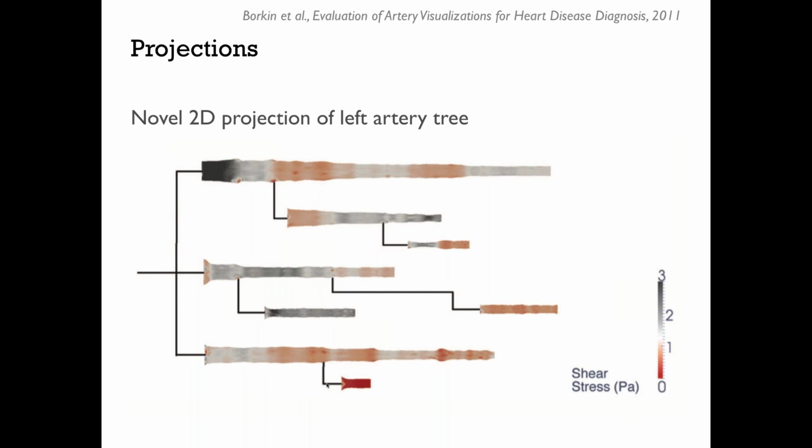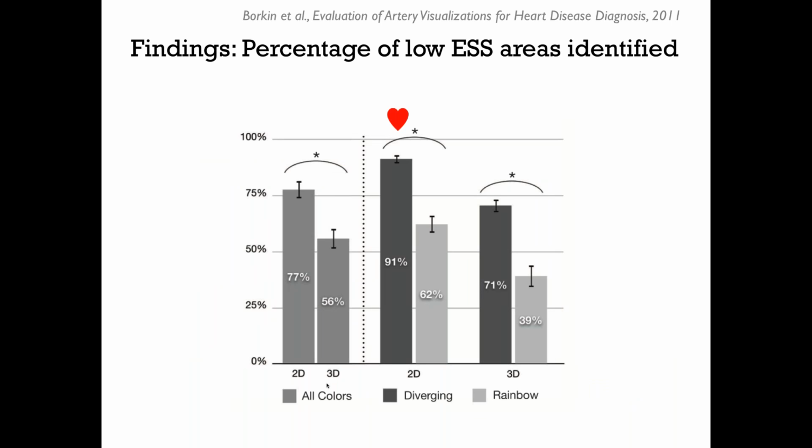And the results were striking. When we look at the percentage of areas of low endothelial shear stress that the medical students identified, and compare the 2D maps between the 2 color maps, the new color map is the darker bar, and the lighter bar is the rainbow color map. You see a difference: 91% of all low ESS areas were identified in the 2D representation with the diverging color map, and only 62% were identified in the 2D representation with the rainbow color map.